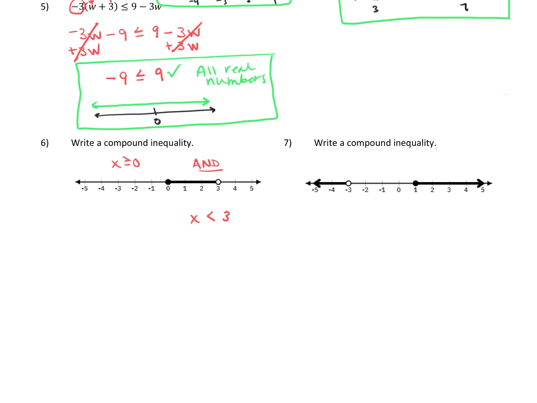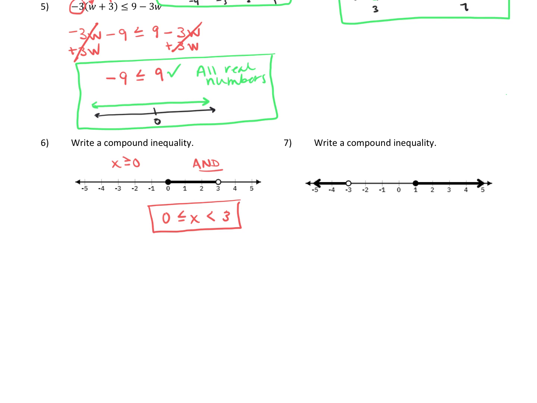Do you notice that x is greater than or equal to, so it's opening up to the x, and I've got the 0. The 0 is going to go first. I'm just going to write it backwards. And the 0 is smaller, so 0 is less than or equal to the x. This right here is the same as this right here, but now I've connected it into a compound inequality statement.